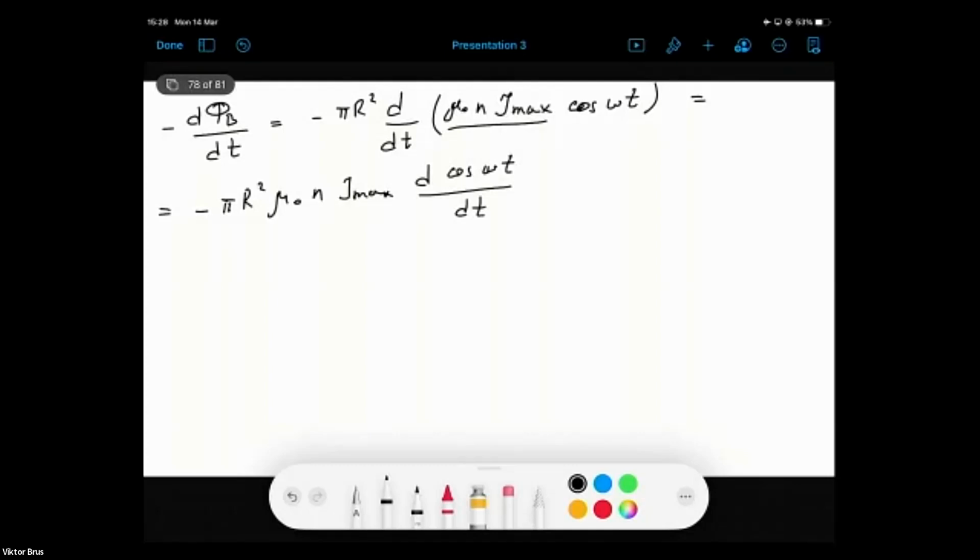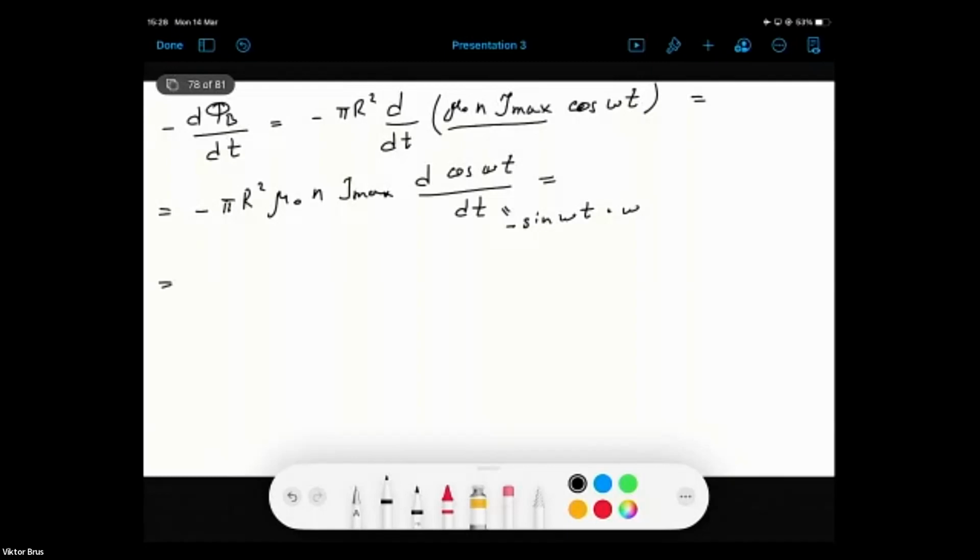So if we take that into account, this derivative will be equal to minus sine omega t times omega, because we need to multiply by the derivative of the argument of cosine. So it will be omega.